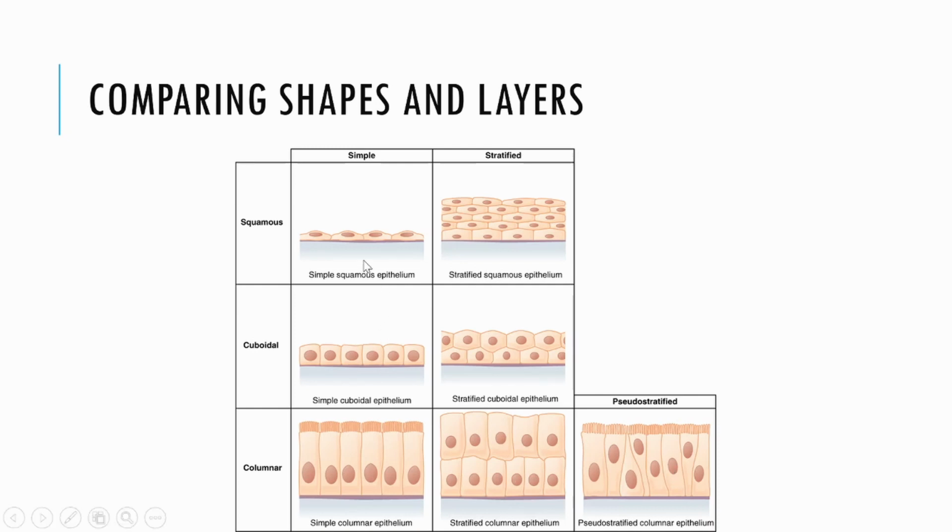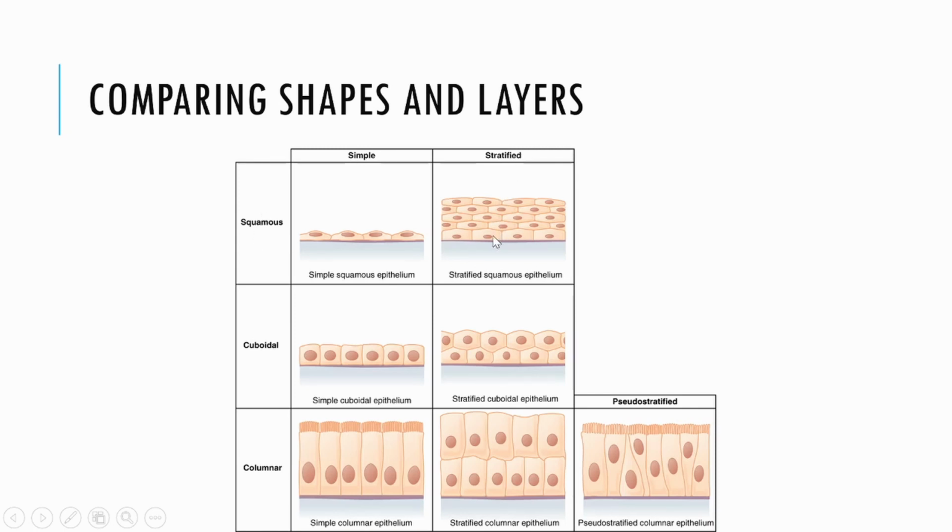And we see that here. Here is a simple squamous epithelium, or epithelial tissue. So simple tells us one single layer. We see it's one layer across. Squamous tells us these are kind of squished down, flattened cells. So I like to remember squamous like if you were squashed. That might help you remember that.